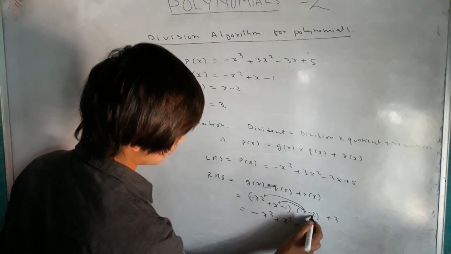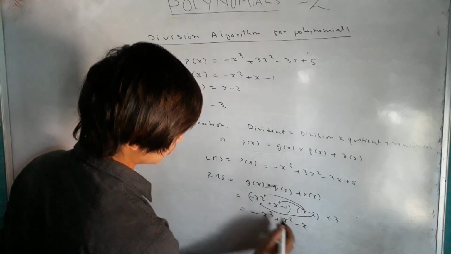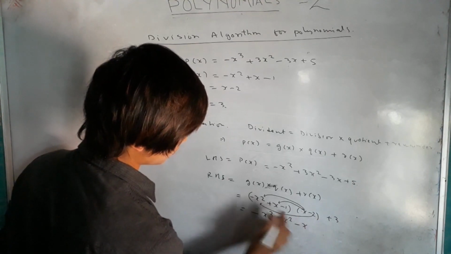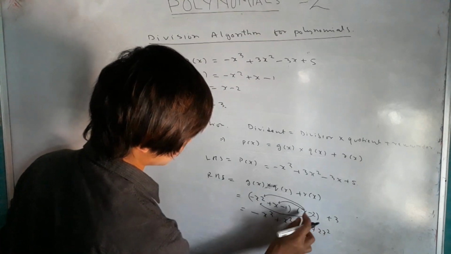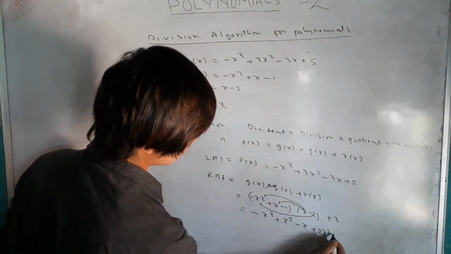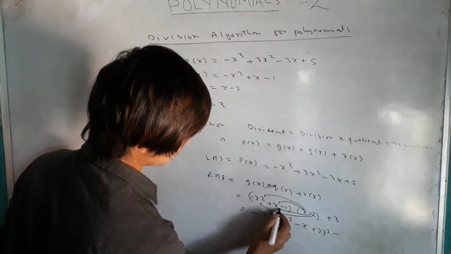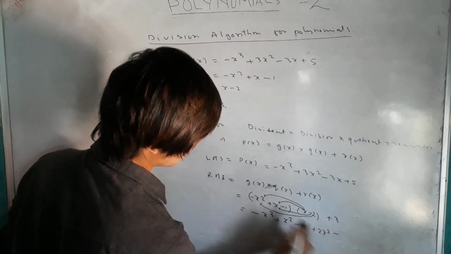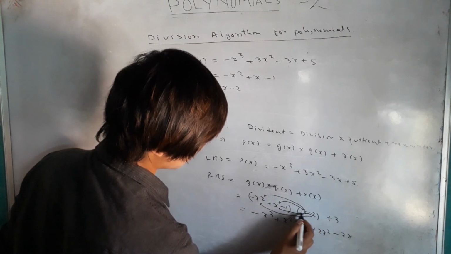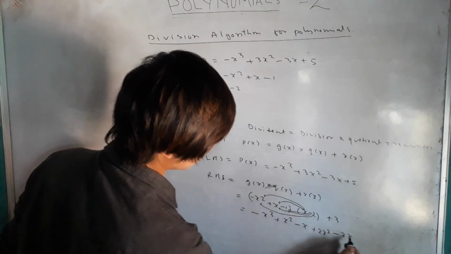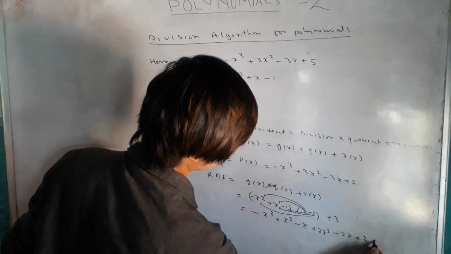Done with this, then I'll try with this 2: minus into minus plus, 2 into x square, 2x square, minus into plus minus, 2 into x, 2x, minus into minus, plus 2 1 2, plus 3.